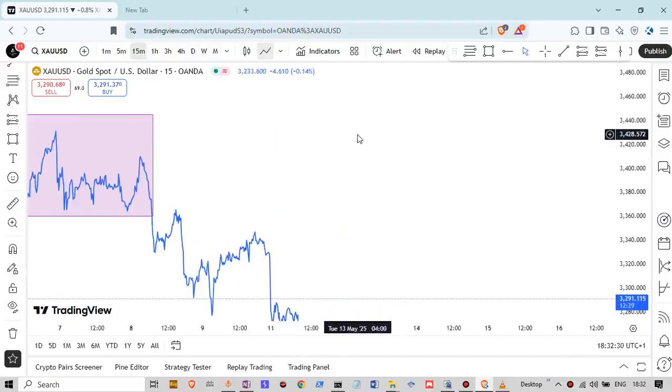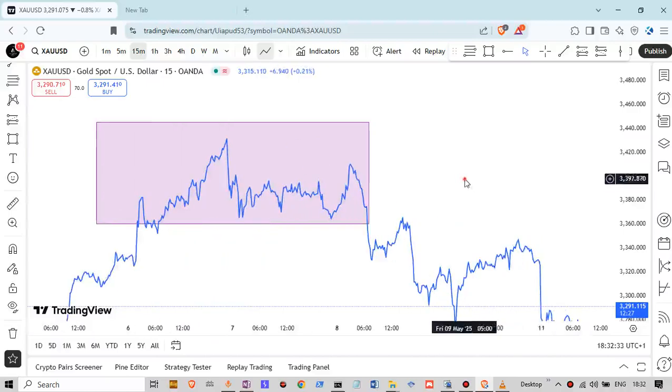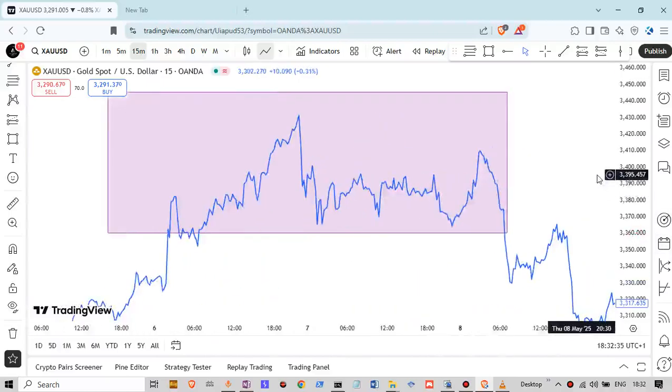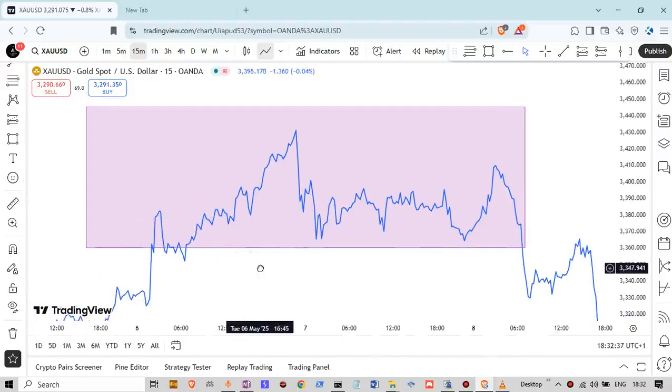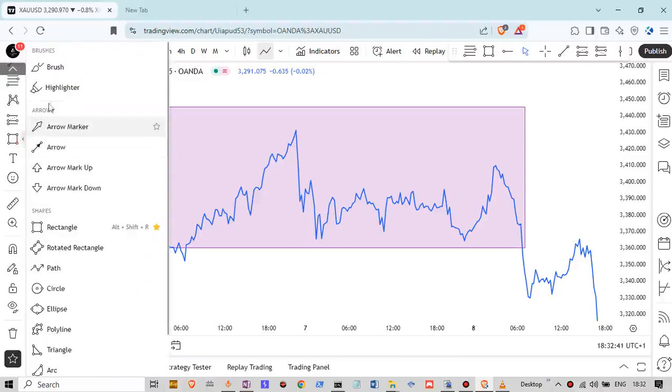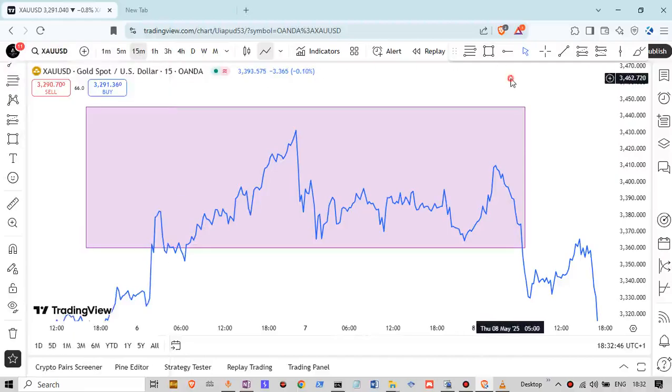Now on the 15-minute time frame, let's see what we have here. I'm going to use this brush to make it faster. Now, observe something. Just watch out.